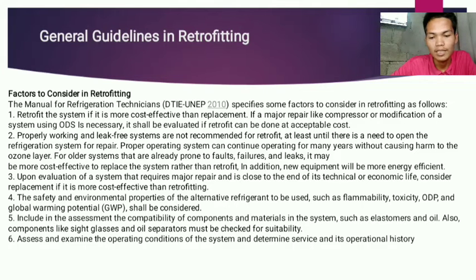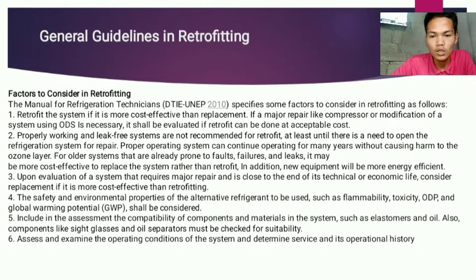Consider replacement if it is more cost effective than retrofitting. Fourth is the safety and environmental properties of the alternative refrigerant to be used, such as flammability, toxicity, ODP, or ozone depleting potential, and global warming potential, GWP, shall be considered.